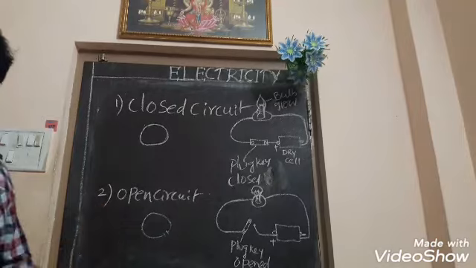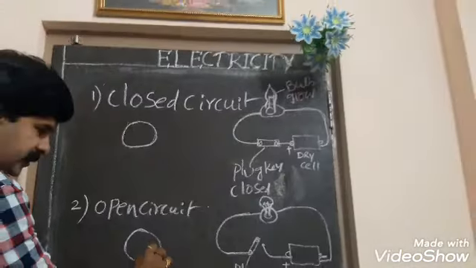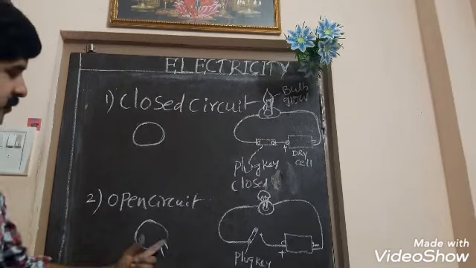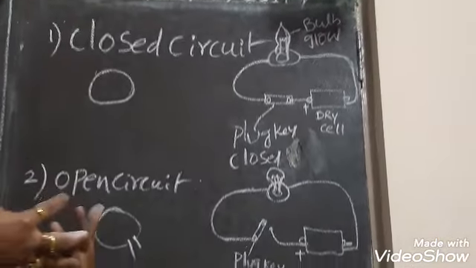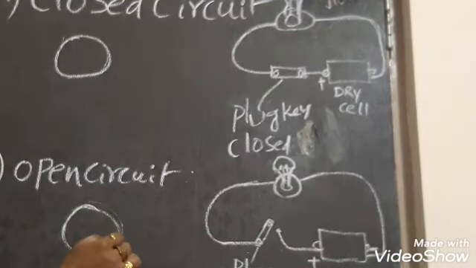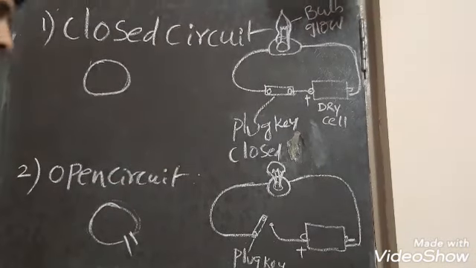When we come to open circuit, you see, open circuit means you take a circle where the two ends were not meeting. When two ends are not meeting, this is called open circuit. This was not closed. When it is not closed, the flow of current will be stopped. Let us see in the electric diagram.